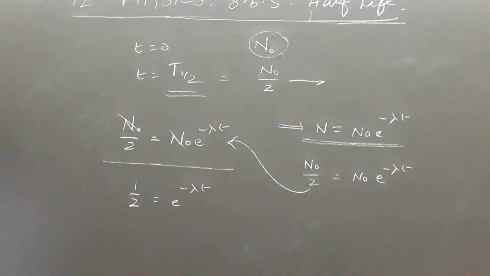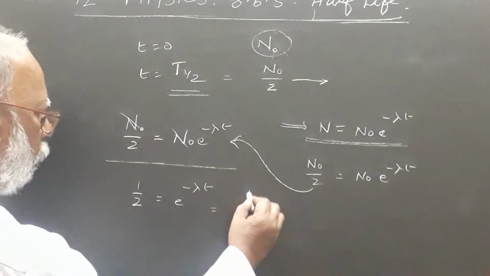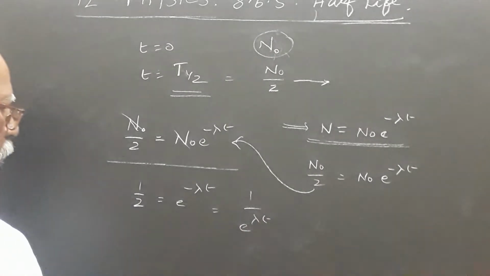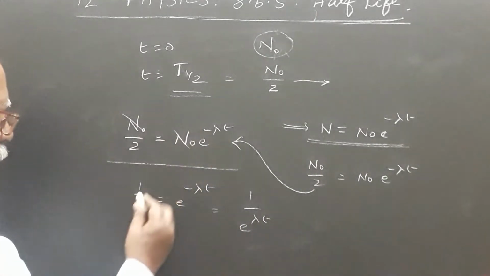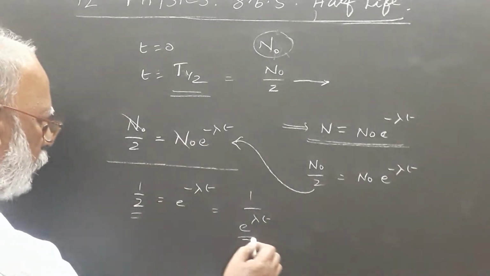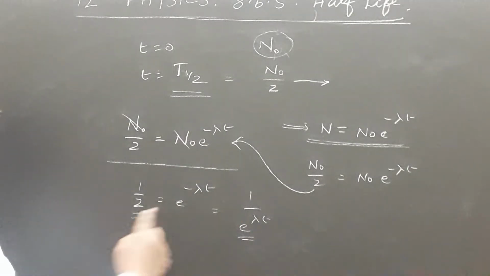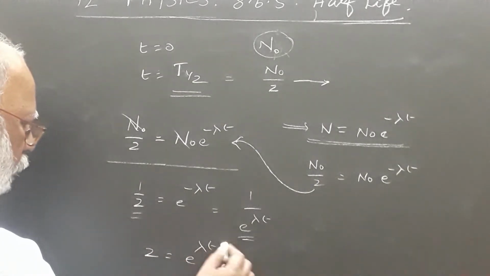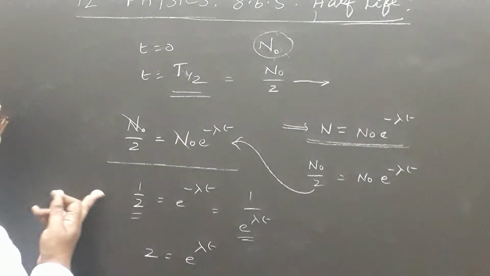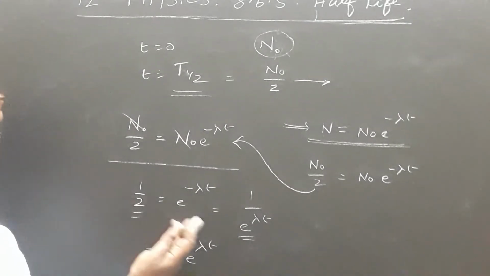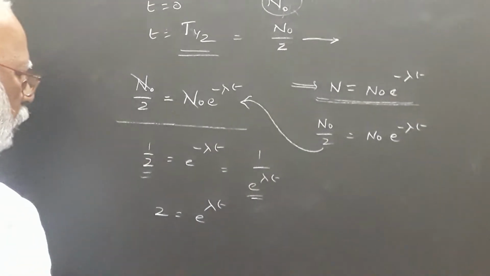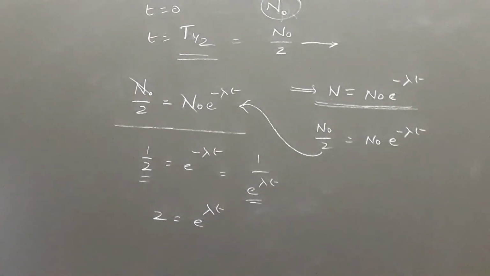Very good. Or in other words, 1 by e power lambda t. Now, taking the reciprocal of both sides, 2 equal to e power lambda t.